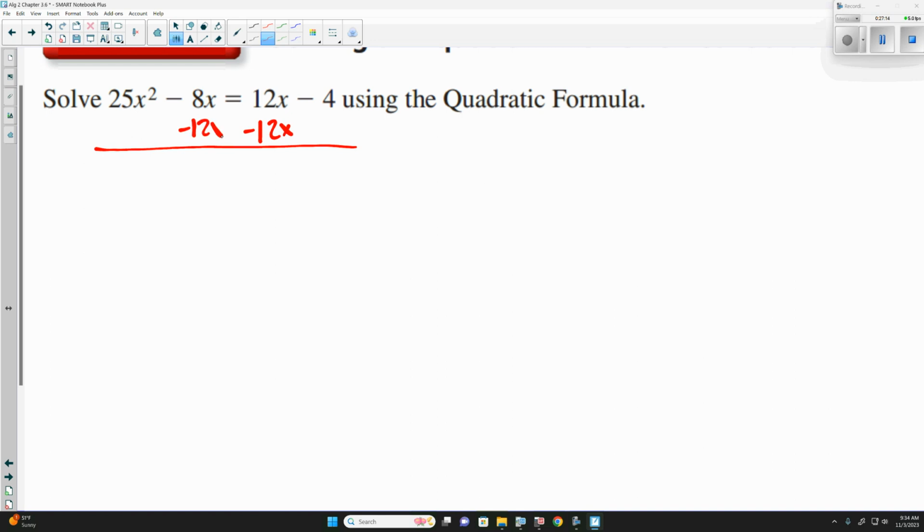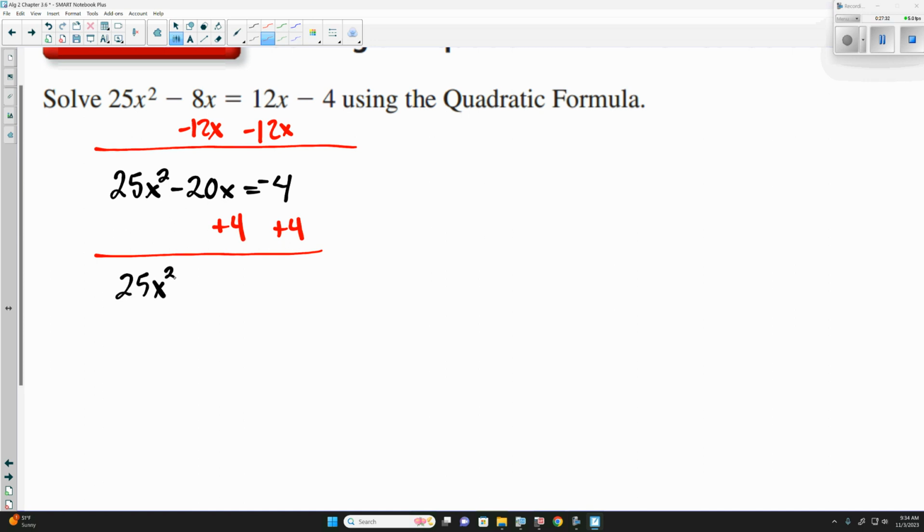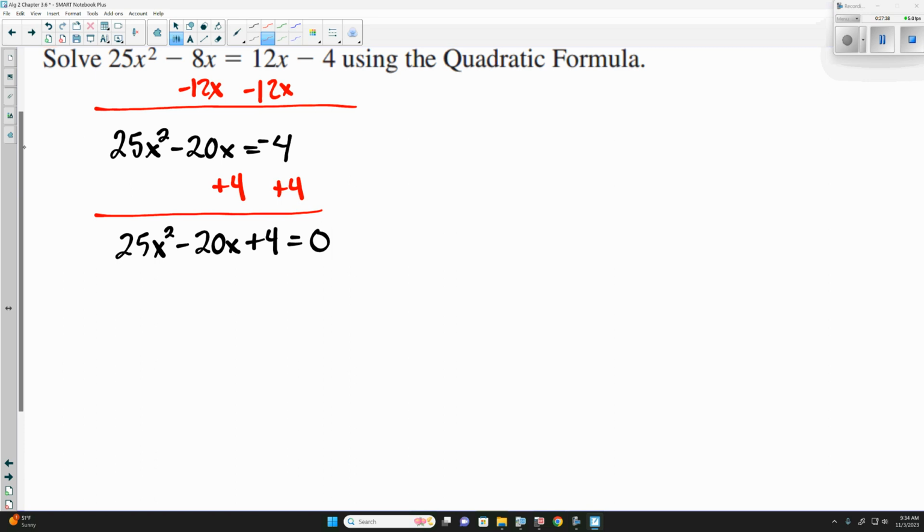So we subtract 12x from both sides first, which does give us 25x squared minus 20x is equal to, then we can add 4. So I'm going to say we have 25x squared minus 20x plus 4 is equal to 0.